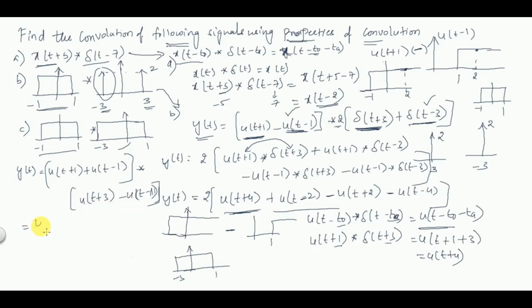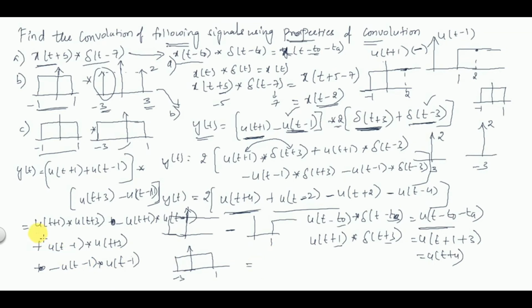So this can be written as u of t plus 1 convolved with u of t plus 3, minus u of t plus 1 convolved with u of t minus 1, plus u of t minus 1 convolved with u of t plus 3, minus u of t minus 1 convolved with u of t minus 1.